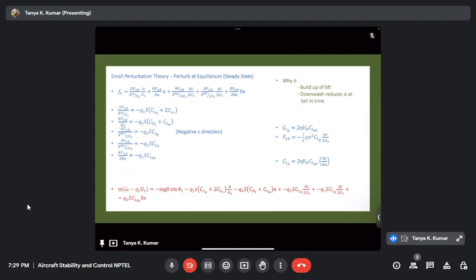This epsilon here, does it remind you of something? I'm not going to explain downwash again.